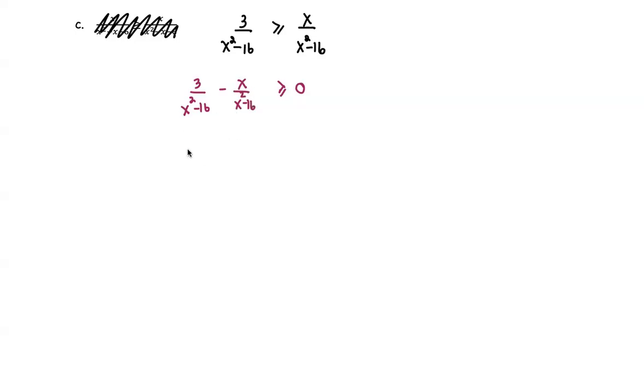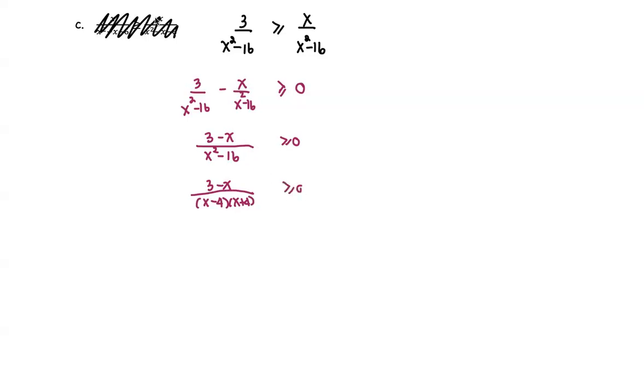These two fractions have the same denominator, so we make them into one fraction with the denominator x squared minus 16. The numerator is 3 minus x, greater than or equal to 0. The denominator can be factored further to be x minus 4 times x plus 4, as you see the difference of two squares, which is the square of the number 4.